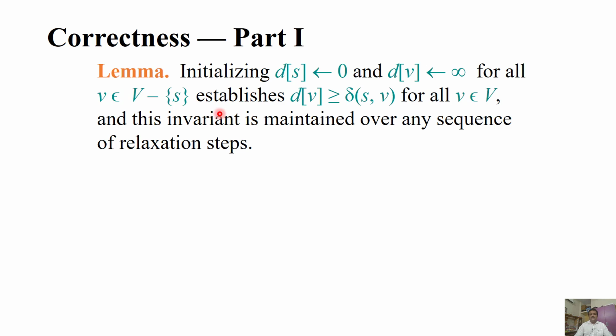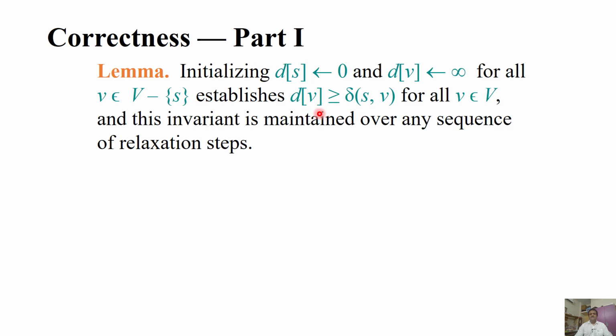And this is the invariant we want throughout the execution: the key value of a vertex must be greater than or equal to delta of S comma V, the weight of the shortest path from S to the vertex V. The key value will be equal once the vertex is added in S. Once the vertex U is added in S, we are done for that vertex, and equality will occur: key value of U is equal to delta of S comma U. That part we will prove in part 2.